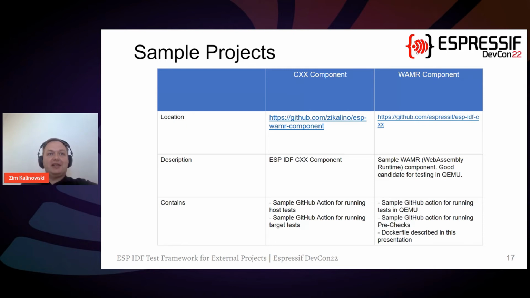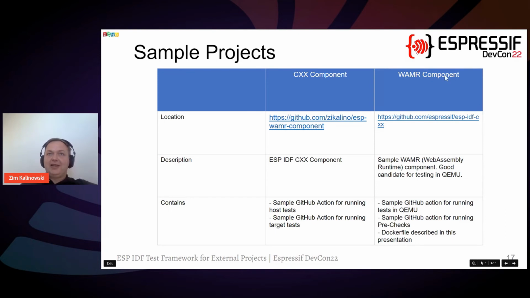The CXX component has its own GitHub action to run appropriate host tests, and also has a GitHub action to run target tests. So this is the repo if you want to check how to set up and use GitHub actions with a self-hosted runner and run tests on actual ESP32 hardware. This is the place to go.